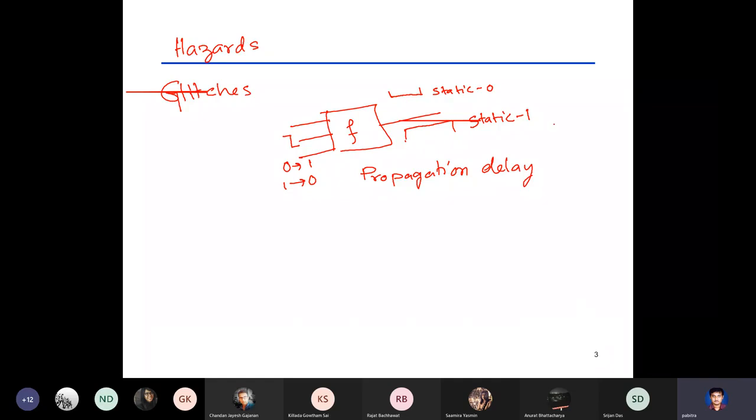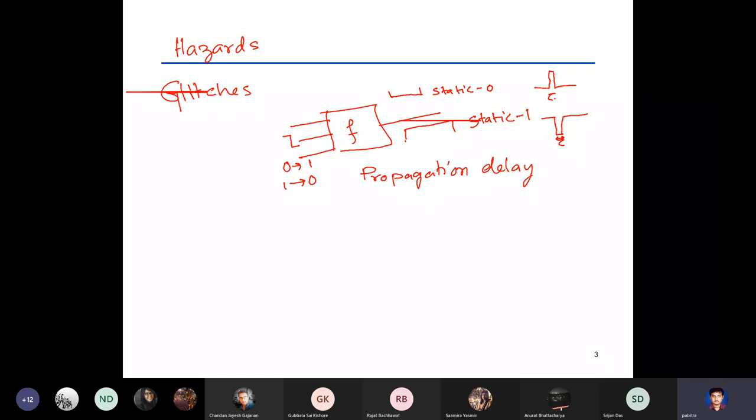So what might happen is that in this static 1 situation, there may be a momentary negative pulse for a small amount of time, usually, if tau is the propagation delay, only for a tau period of time. Similarly, in static 0, instead of staying at 0, there is a momentary positive pulse, and then it goes away. This is again maybe for a tau period of time.